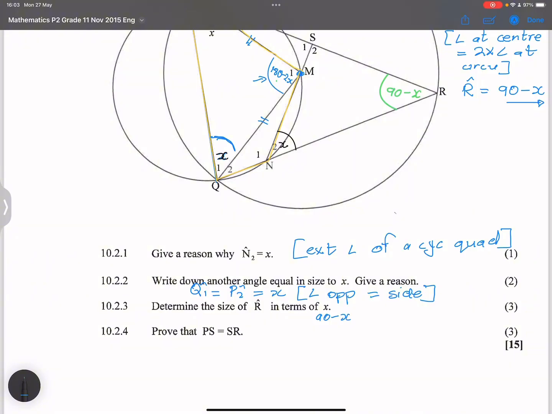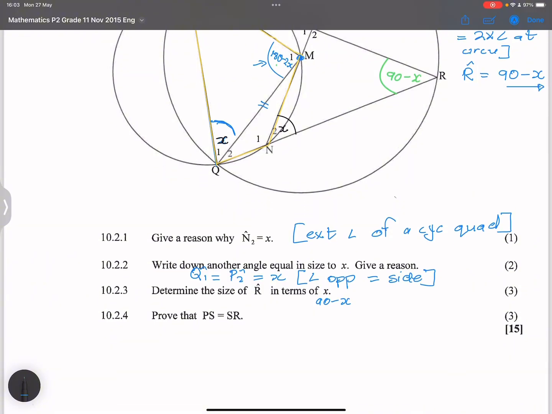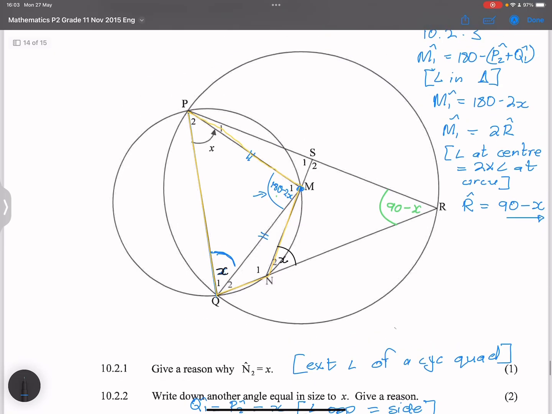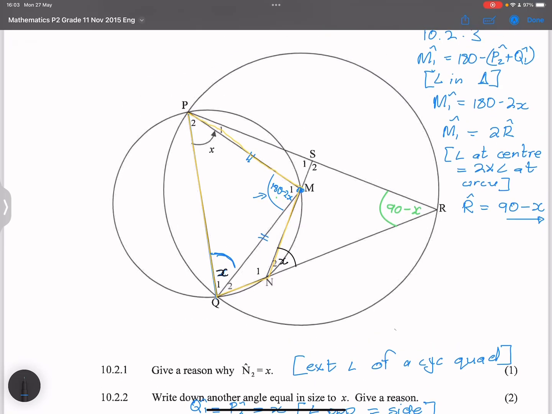Now they say prove that PS is equal to SR. They want us to prove that PS, which is this one, is equal to SR, which is this one here. Now remember, we can use our theorem 1, or the converse of theorem 1. If we can prove that angle S2 is equal to 90, we know that a line drawn from the center, if it is perpendicular to a chord, then it bisects the chord.